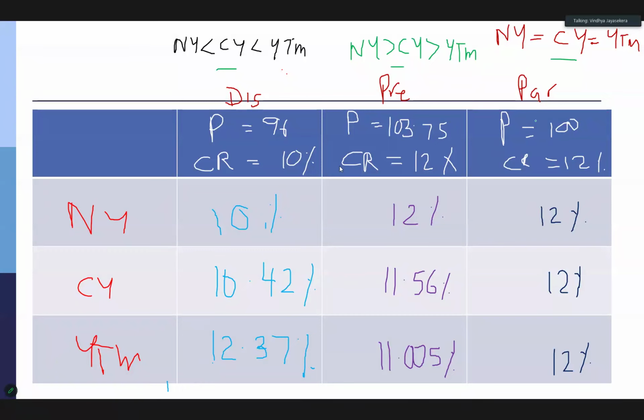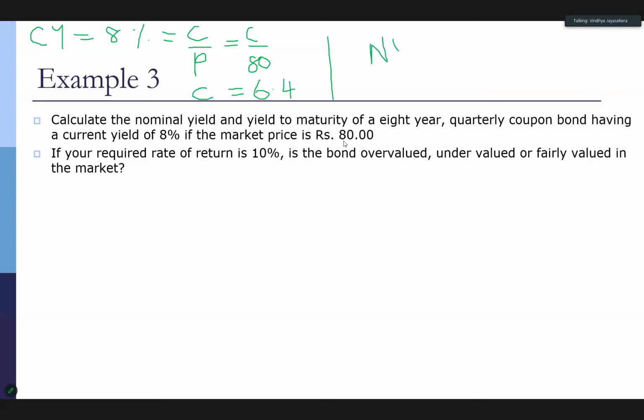Use this to calculate your nominal yield. Nominal yield is the 6.4 coupon as a percentage of face value, 6.4%.